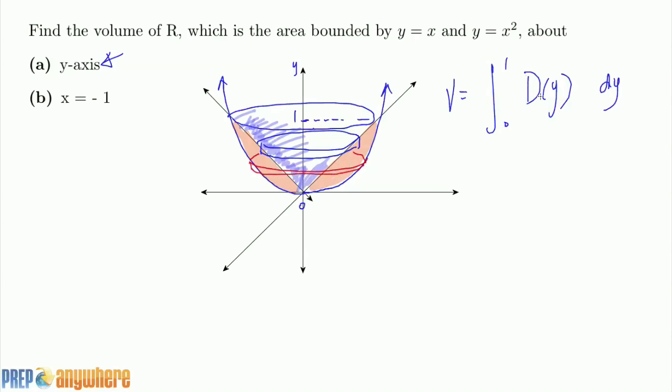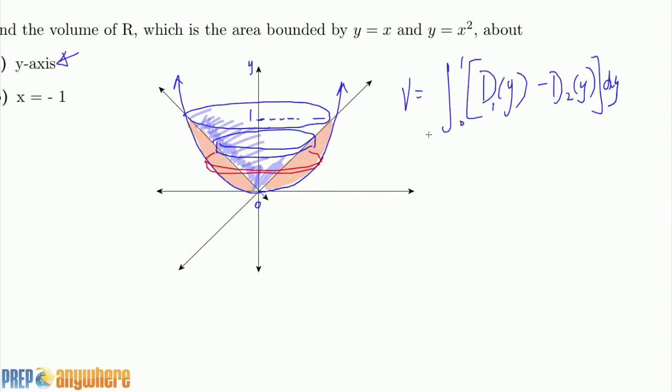Let me call the outside one disk 1 and the inside one disk 2. Okay. So they both have pi's. So you know, pi, the radius as a function of y, squared. Radius 1, radius 2. Right? They both have pi. Still this pi r squared, pi r squared.